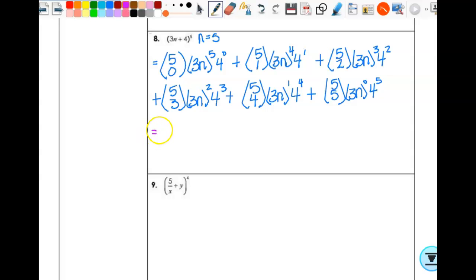Once you start to clean it up, remember this is going to equal 1, this is going to equal 5, and this is going to equal 1. So that kind of minimizes what you actually have to type in. Any question on how to get this filled in? All right, then I'm going to write out what the answer is. You make sure you can get these numbers.